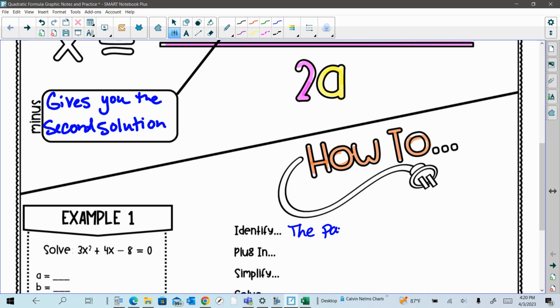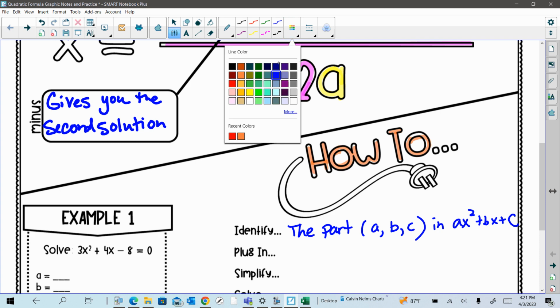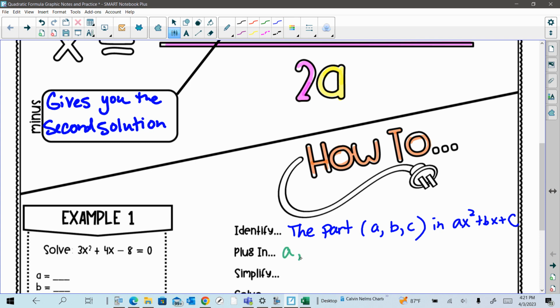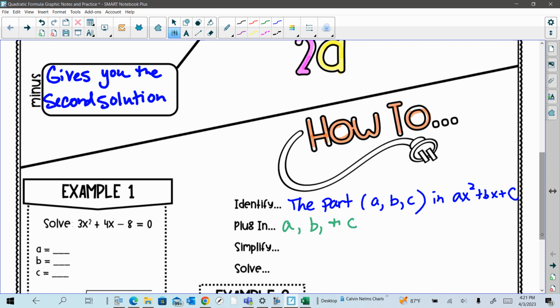So you want to identify the parts, which is your A, your B, and your C. And we're talking about ax squared plus bx plus c in that form. Then we're going to plug in the A, the B, and C into the formula using parentheses.